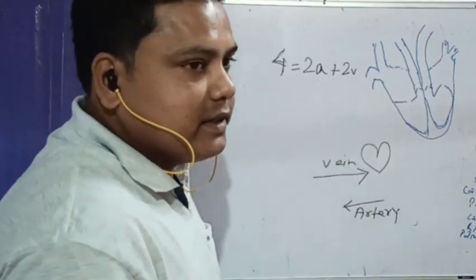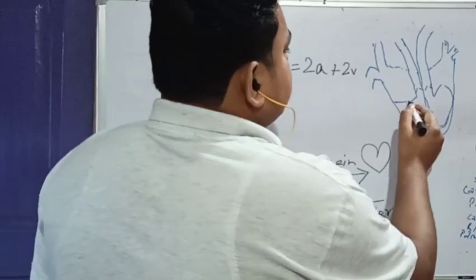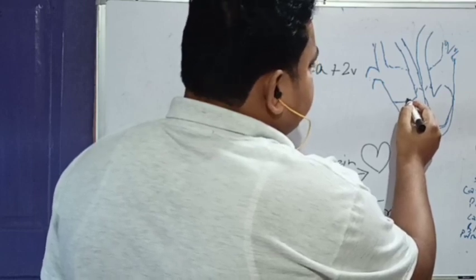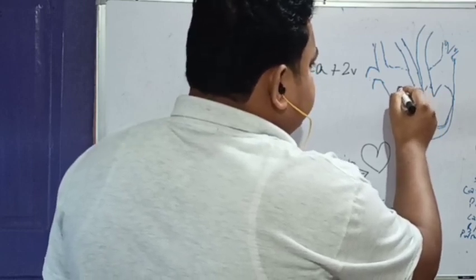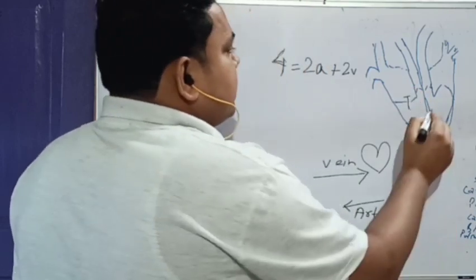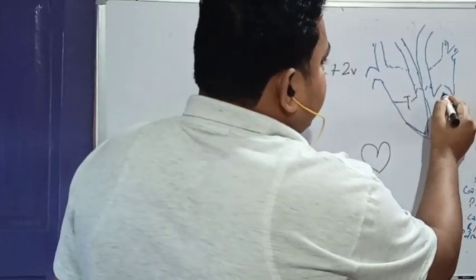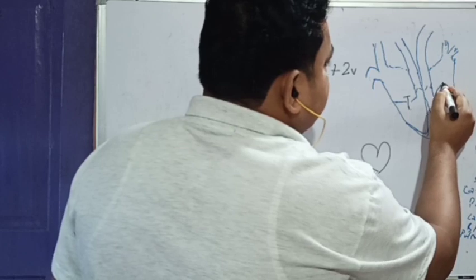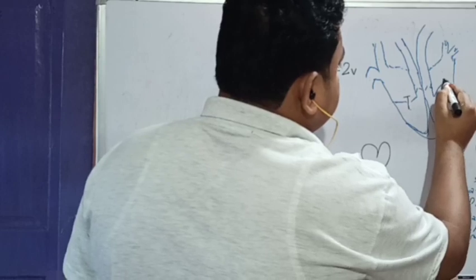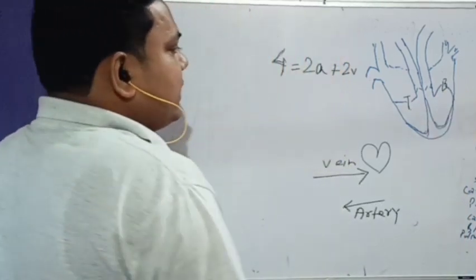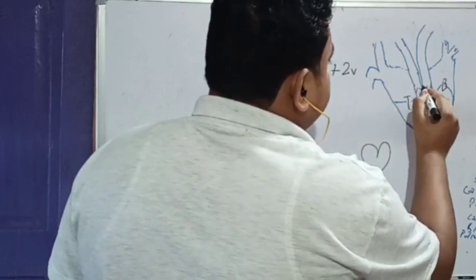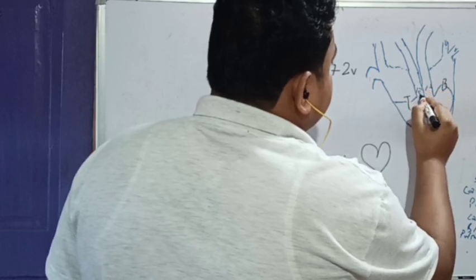Backflow should not happen, that is why valves are needed. Between the right atrium and right ventricle it is called the tricuspid valve, and between the left atrium and left ventricle it is the bicuspid or mitral valve. And between the ventricles and the aorta and pulmonary artery, they are semilunar valves.